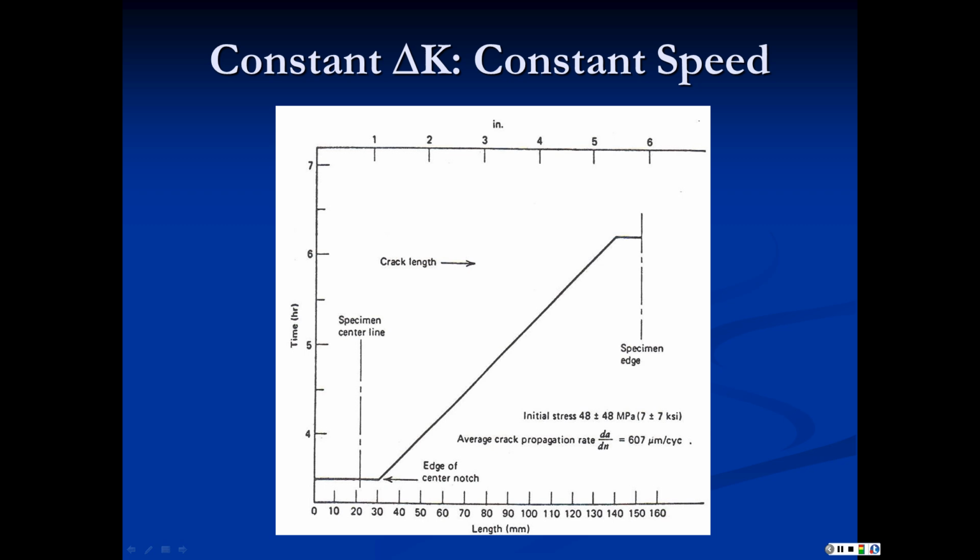That is, the growth rate is constant. If you took a slope here, you'd have time per millimeter, or flip that over, a millimeter per hour or whatever. So you take the reciprocal of the slope and you have a velocity of the crack, and that slope is constant for a constant delta K.